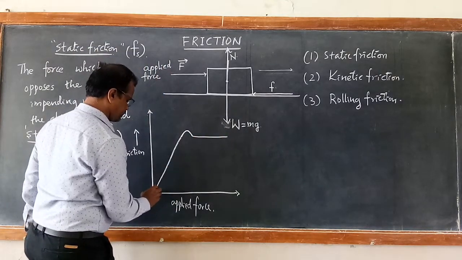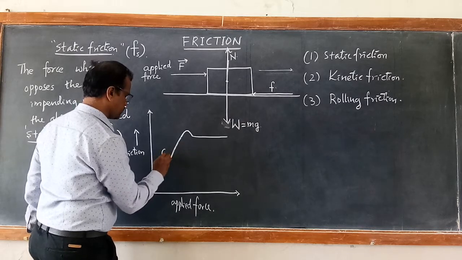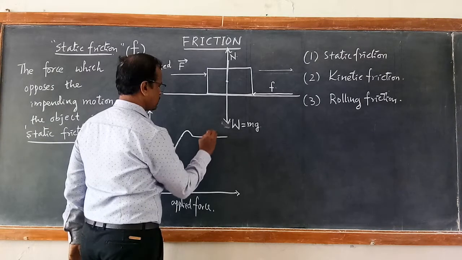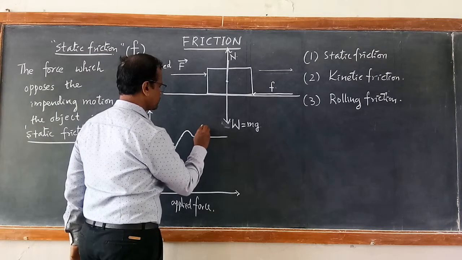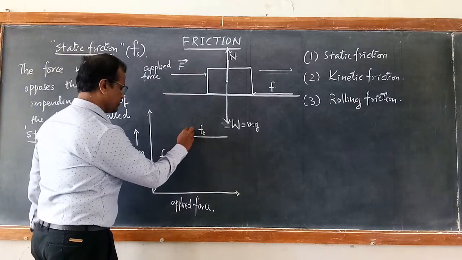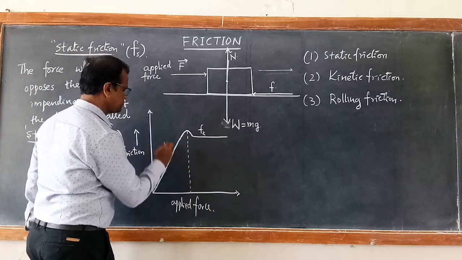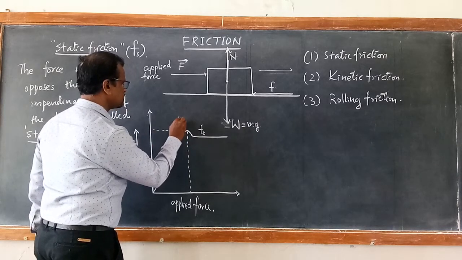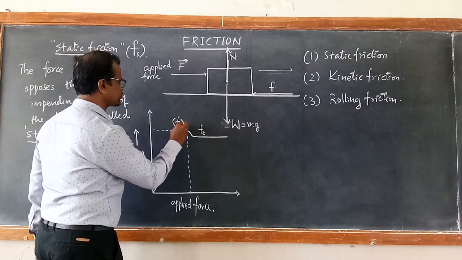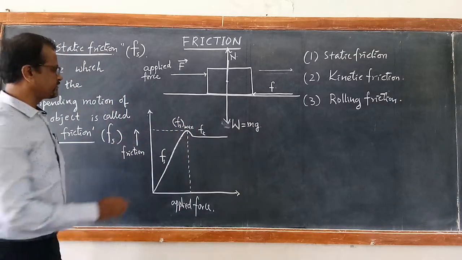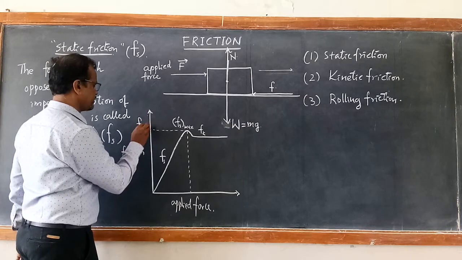So this part of friction we call static friction, and this part we call kinetic friction, and this is the peak value, the maximum value, which we call the limiting value of static friction or maximum value of static friction, Fs max.